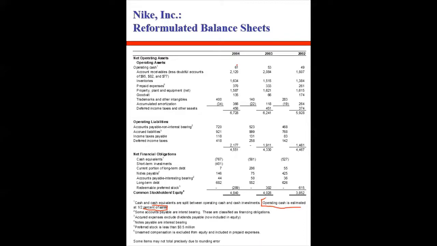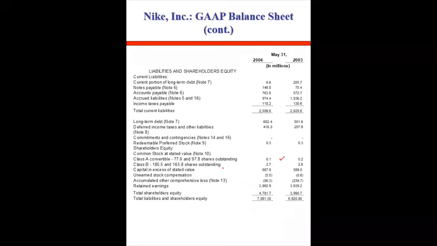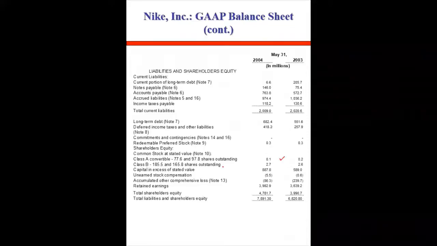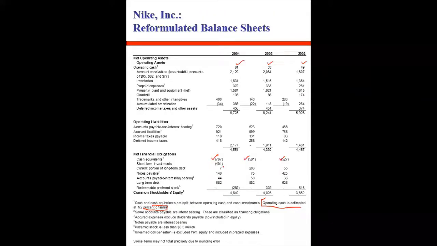Okay, so these are the amounts which have been estimated based on the 0.5% of sales, and the remaining has been taken into financial obligations. Okay, here it has been presented in this way. This is the reformulated.